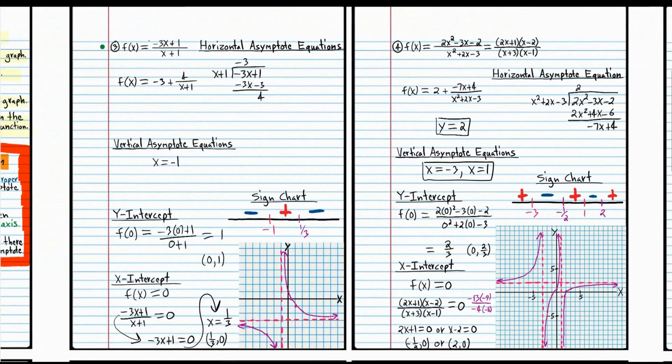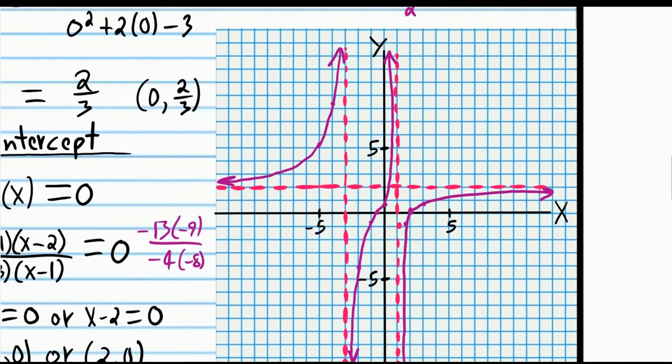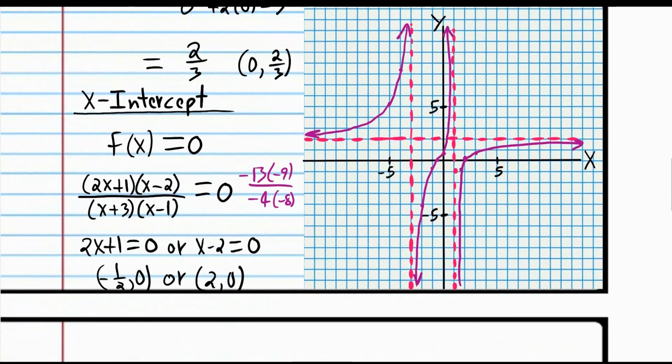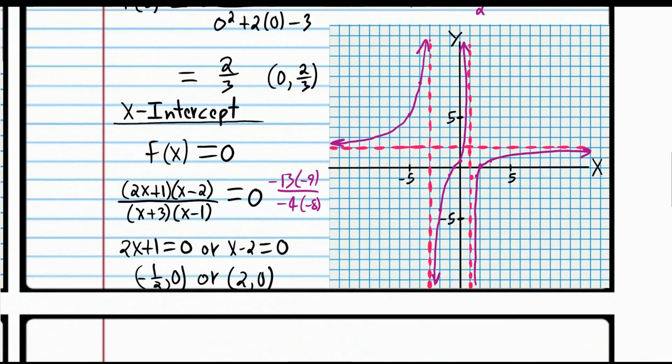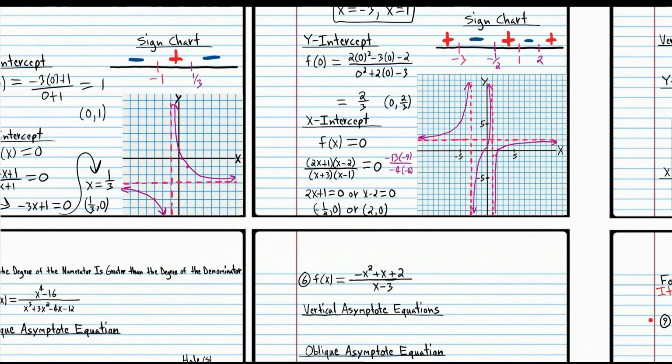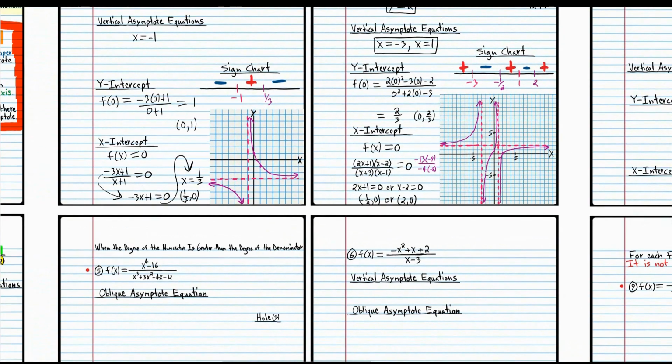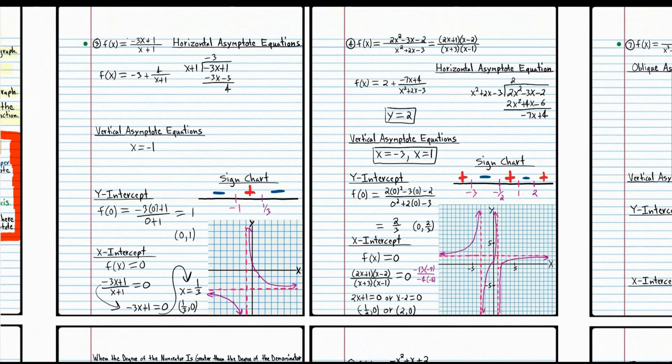So was that tedious? Yeah, it was pretty tedious, but we're just getting the main idea of how to graph these curves. Now notice that the graph crossed the horizontal asymptote. That's fine. But a graph can never cross a vertical asymptote. Okay, so if you got those right, good job.